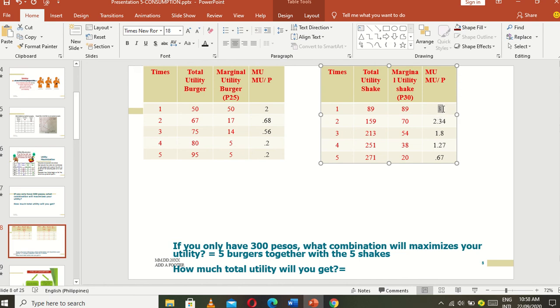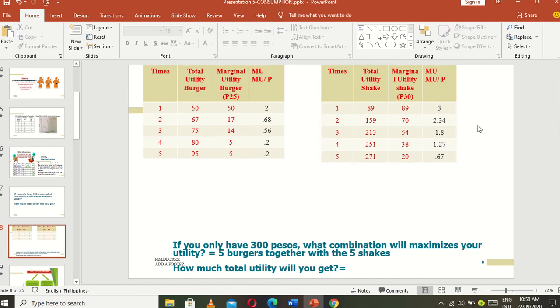First I highlighted 3, and then 2.34, and then 2, then 1.8, then 1.27, and then 0.68 to 0.56. You're going to highlight the highest utility first, down to the lowest marginal utility. How did you get the maximization of utility? Divide the marginal utility by the price.